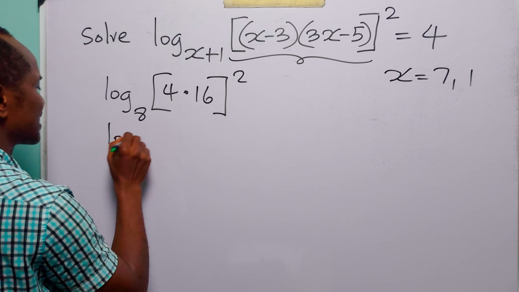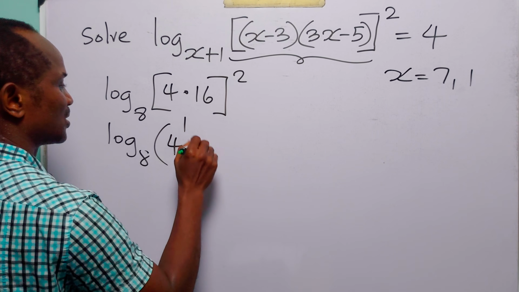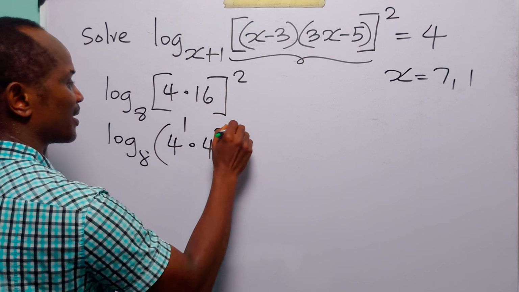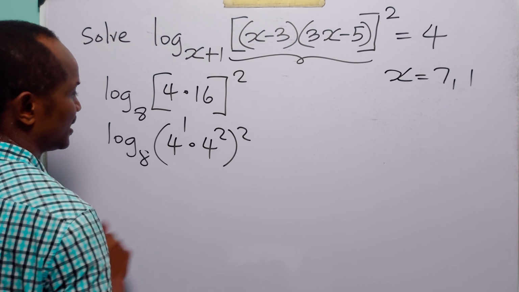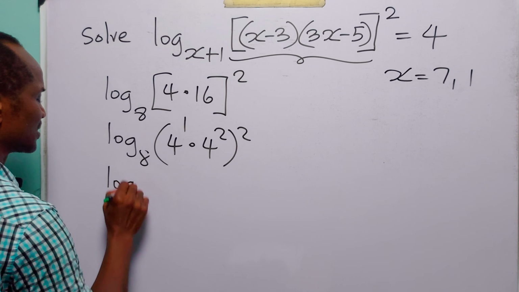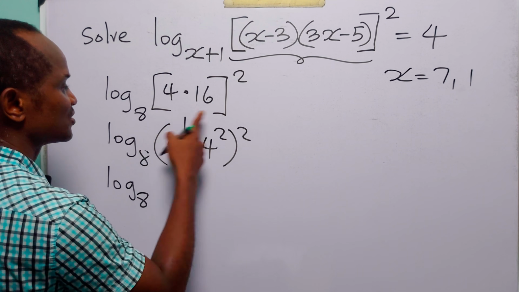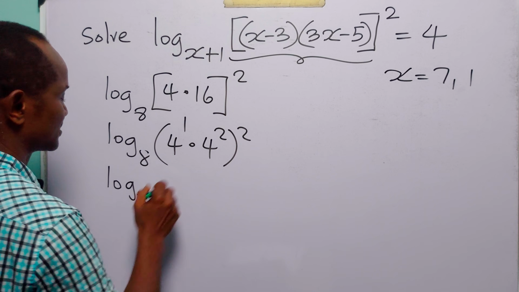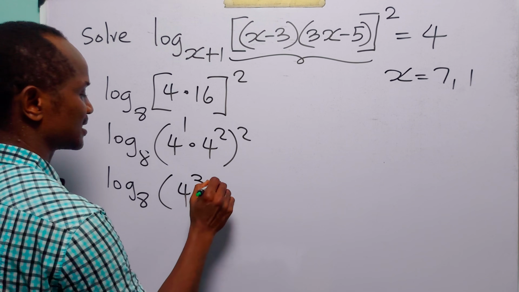Now, we can write this as log to base 8 of 4 to the power 1 multiplied by 4 to the power 2 squared. Of course, you know that 16 is 4 squared. Now, remember that when we multiply two numbers with the same base, all we have to do is to add their exponents. So this is 4 to the power 1 plus 2, which is 3.